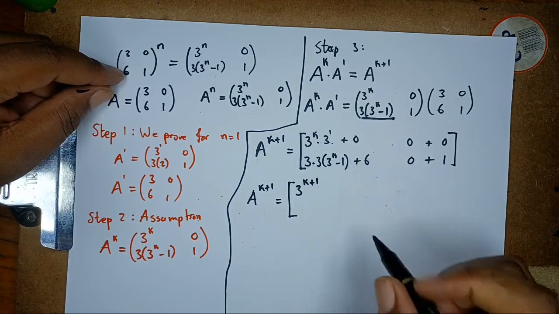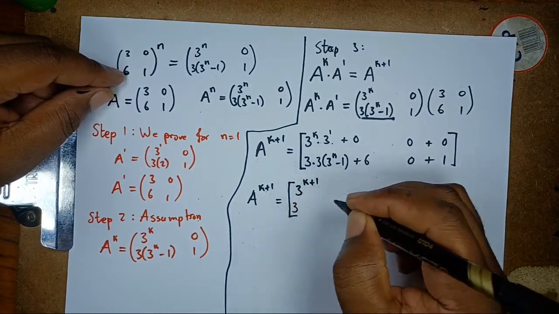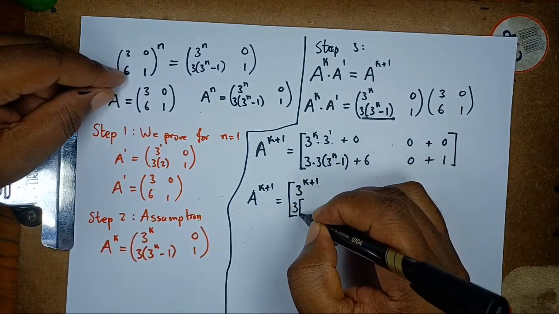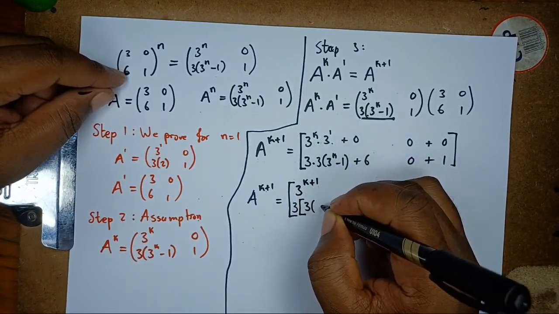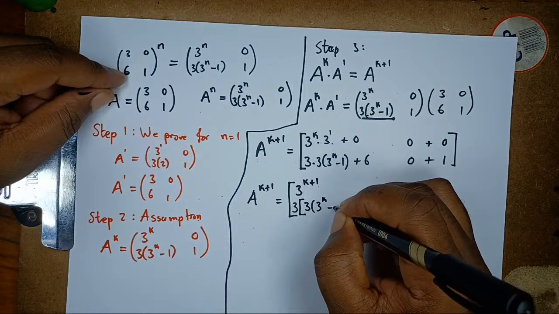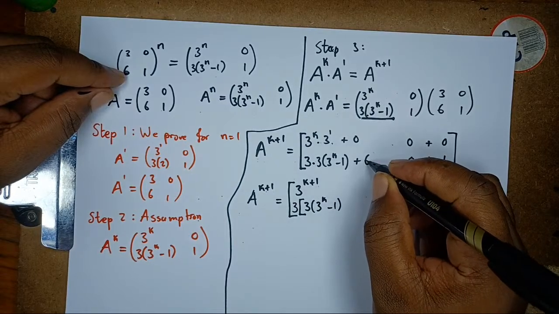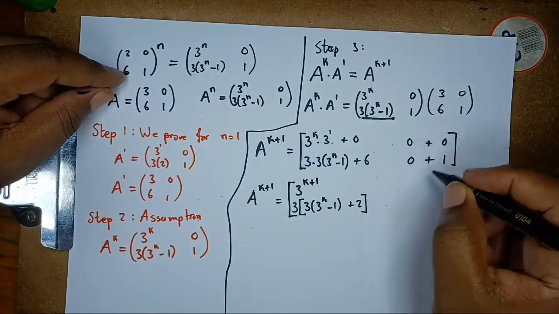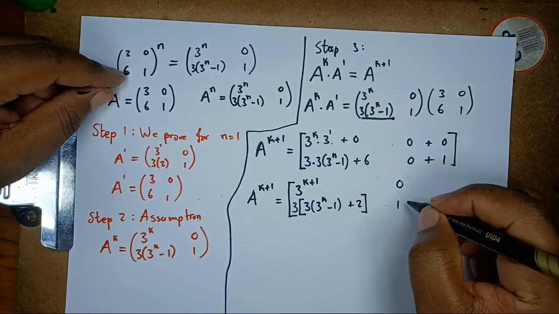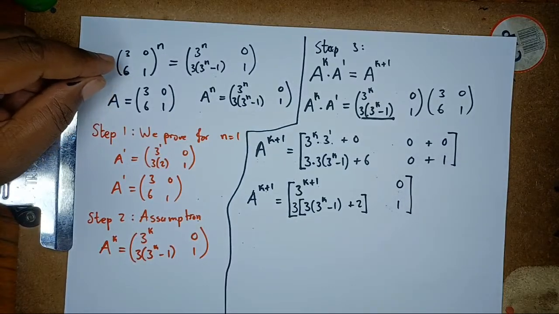Let's factor out a 3. So if we factor out a 3, what remains? Factor out a 3 here, what remains will be 3 to the k minus 1. Factor out a 3 here, what remains? 2. 0 plus 0, 0. 0 plus 1, 1. That's what we get.